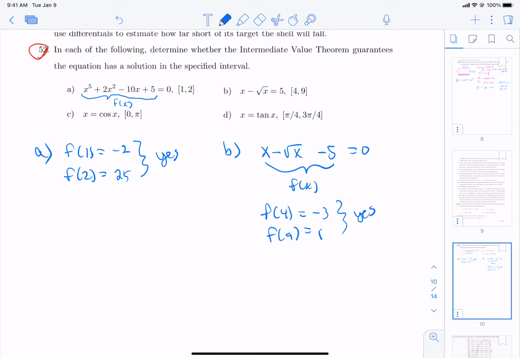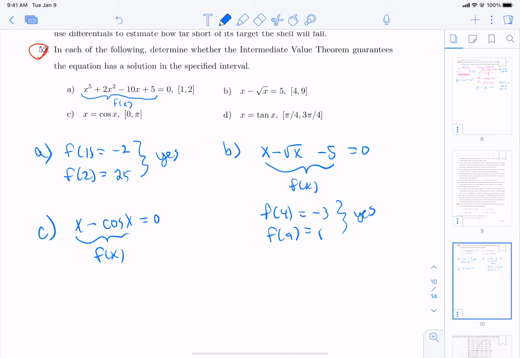Let's look at C. Got to move the cosine over, or either one. Cosine is a continuous curve. X is a continuous curve. Put them together, they're continuous. Now we just have to check, do the intervals do what we want? Let's call this f of x.